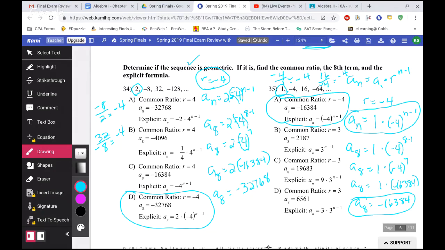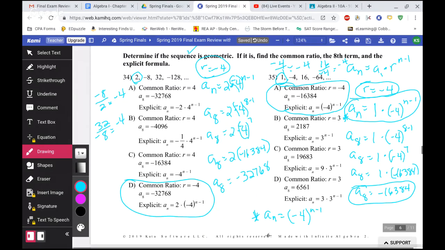This is the value of the 8th term. And this is the common ratio. Or you could write the explicit formula as this. Both are acceptable, here or here, understanding that 1 times anything is that anything.